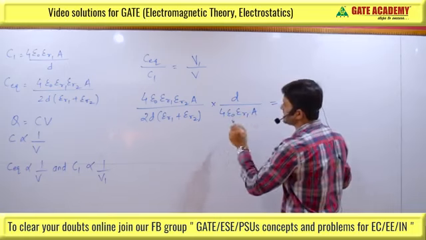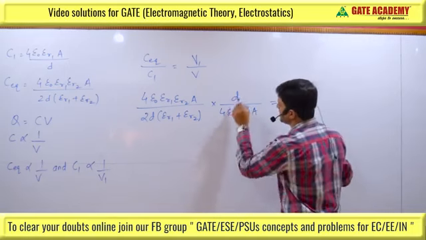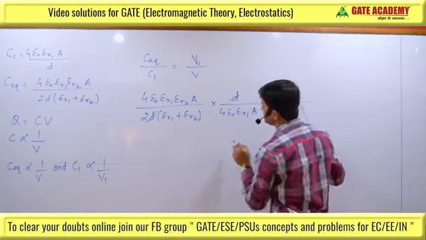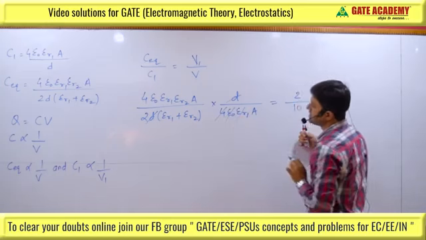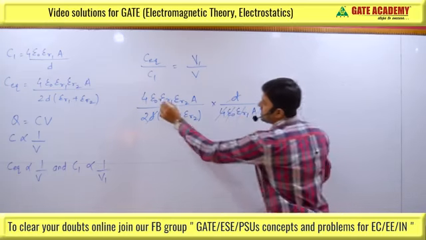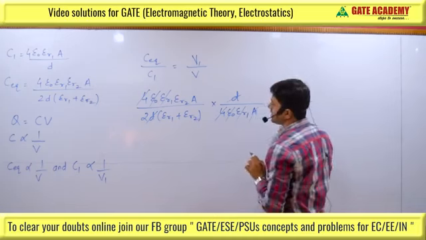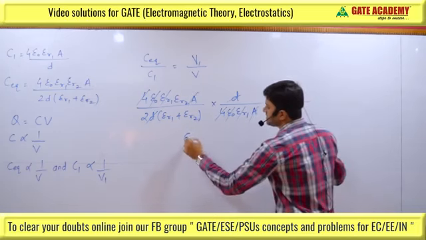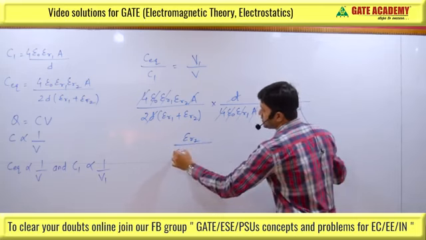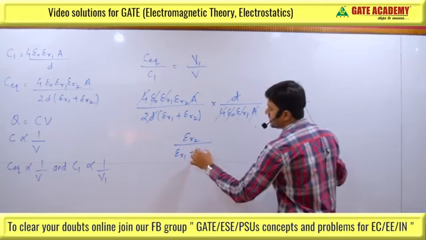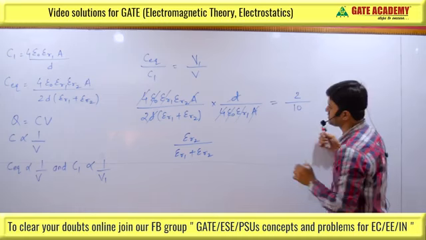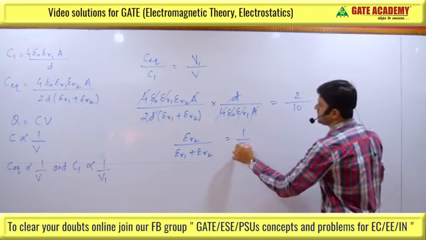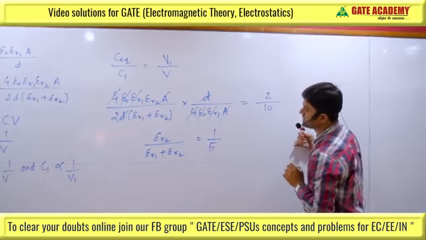So if we solve this, the D and D will get cancelled, and 4 epsilon naught epsilon R1 into A will also cancel. So this will be epsilon R2 divided by epsilon R1 plus epsilon R2, and this is equal to 1 by 5.